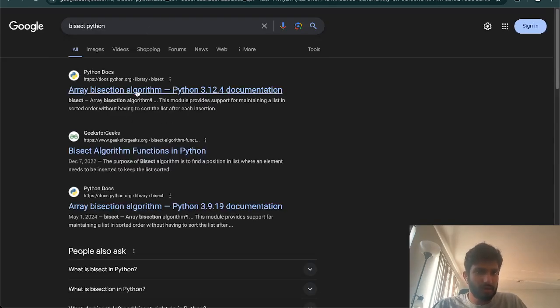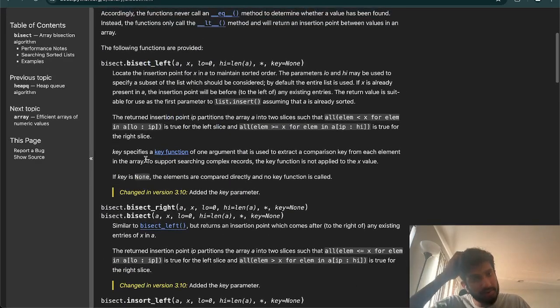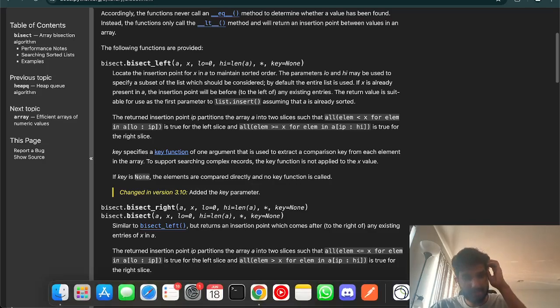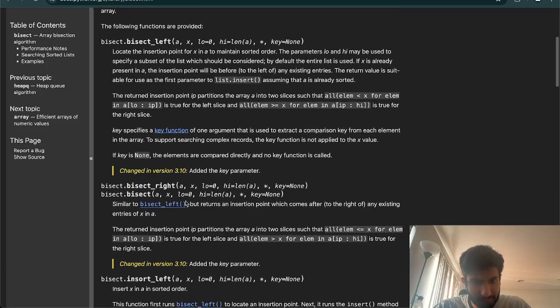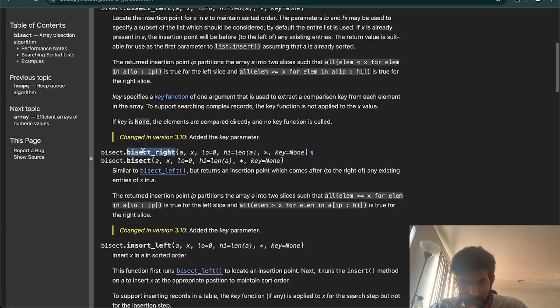I think we need bisect left, or do we use bisect right instead? I think we need to use bisect right.